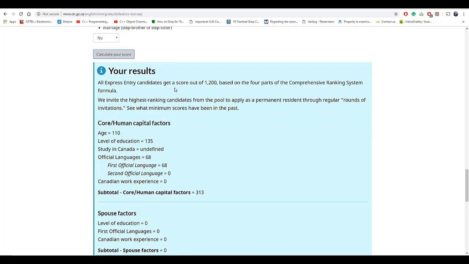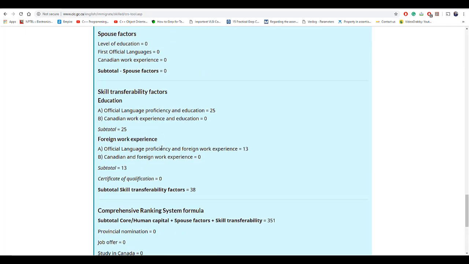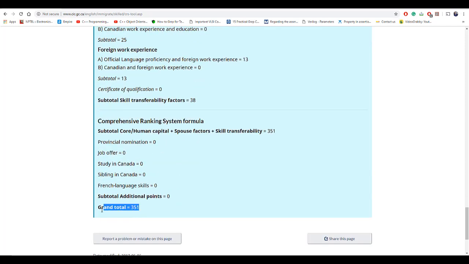This will give you a detailed explanation of where you stand and how many points you have received in what categories. So check it accordingly. The total ranking is here, and this is a very low score to get acknowledged by Canadian immigration. So do your permutations and combinations and check your scores.